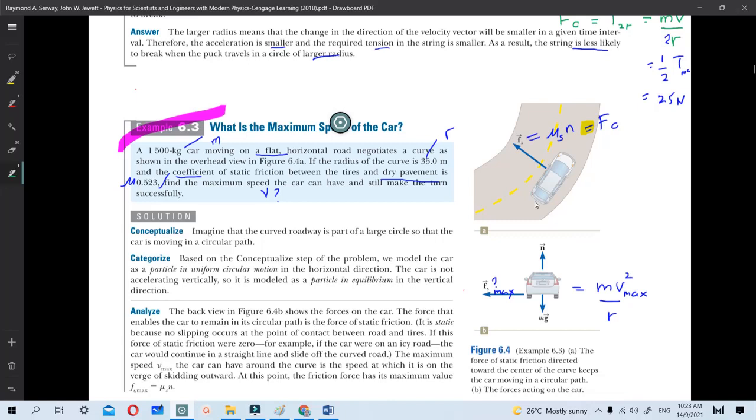That direction towards the center is the centripetal force, and it is equivalent to the static friction. So static friction is the centripetal force, and from there you play around with the expression.